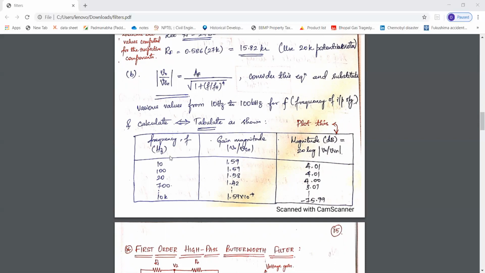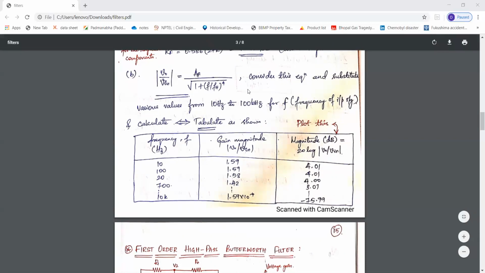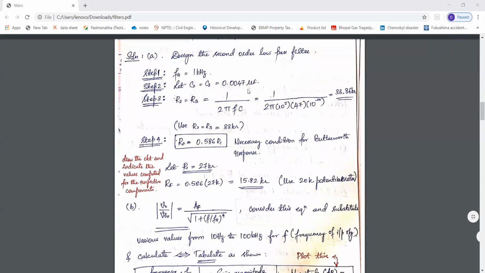So we calculate the gain magnitude; FH we know. Substitute F equal to 10 Hertz. Next, AF also we know.